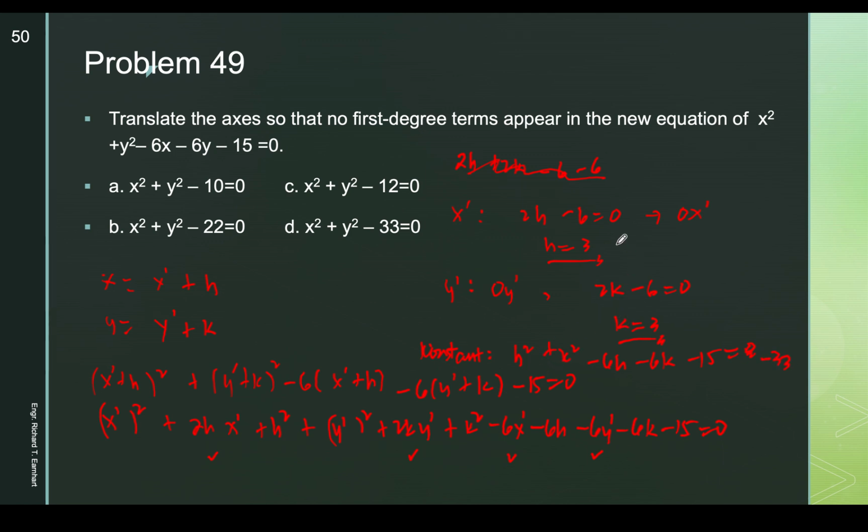Given h and k, the new equation will be x prime squared plus y prime squared. We eliminated the linear term, so minus 33 equals 0. Or shall we say x squared plus y squared minus 33 equals 0, and that would be letter D.